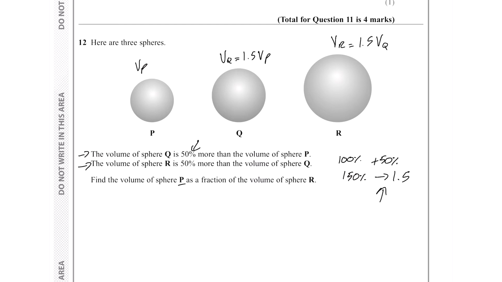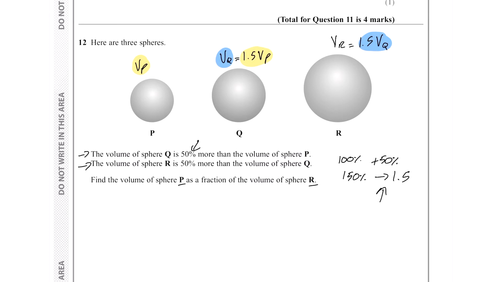Find the volume of P as a fraction of R. I can see this P here and P there, and I have Q here and Q there, just so we have them linked.